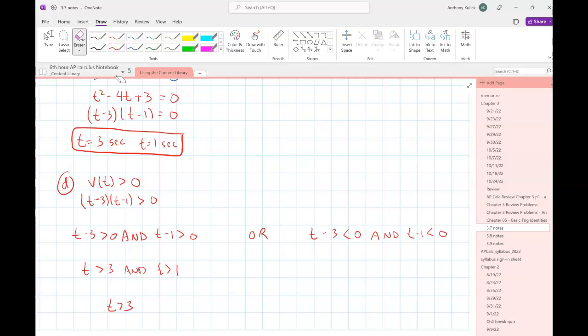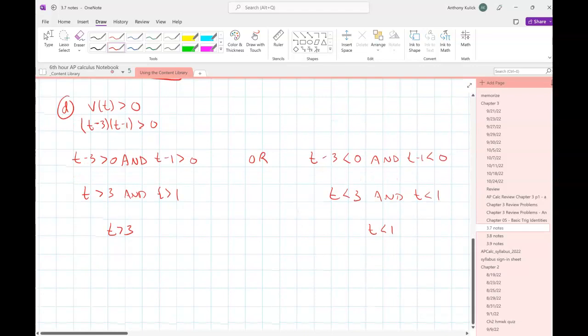Oh, we'll hold on to that maybe for a second. If I go over here, t is less than 3 and t is less than 1. Well, really, what's that the same as? Yeah, just the same thing as t is less than 1, right? If you're less than 1 and you're less than 3, the less than 3 part doesn't really matter.